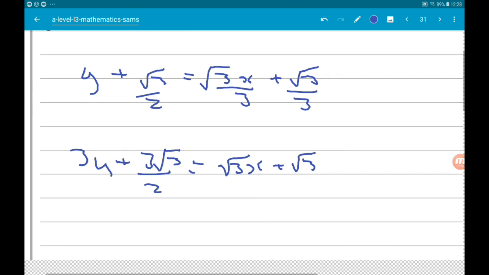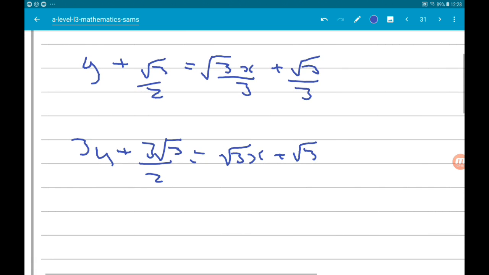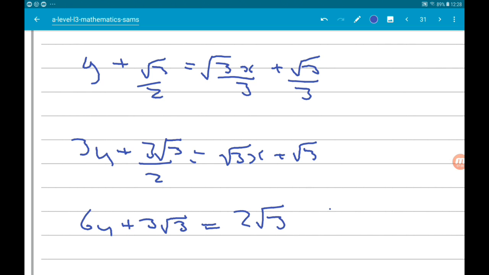If we then multiply through by 2, we're going to get 6y add 3 root 3 is equal to 2 root 3x add 2 root 3.